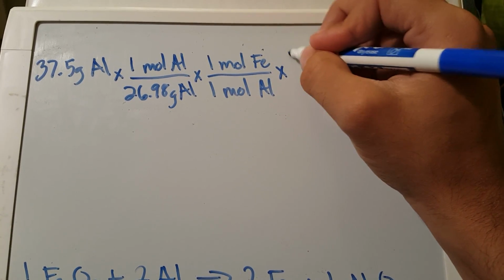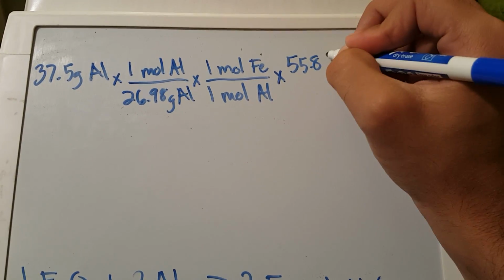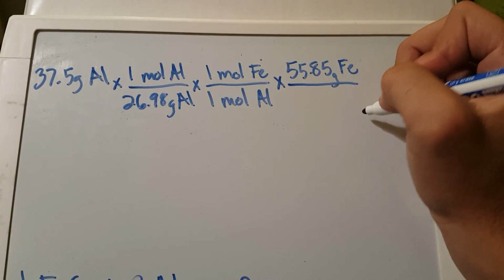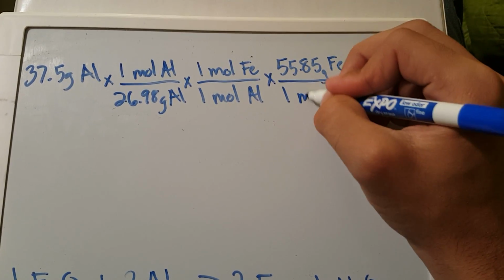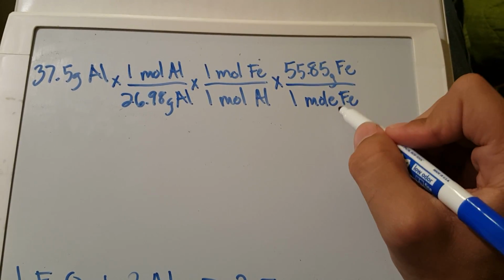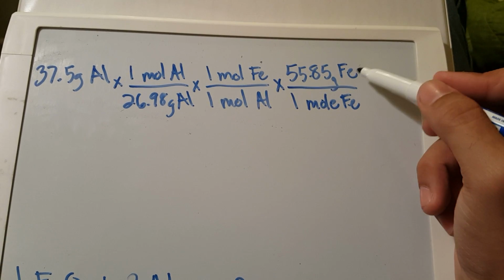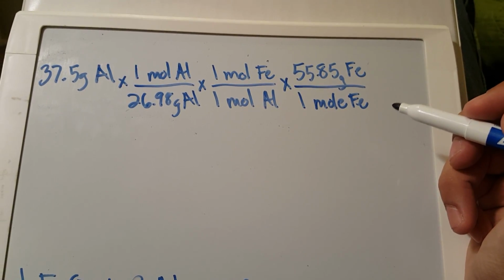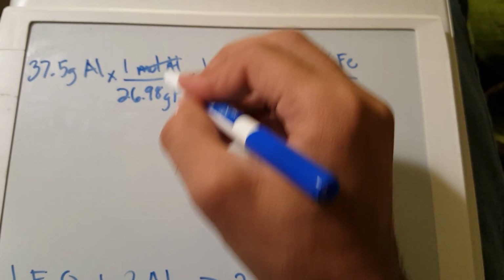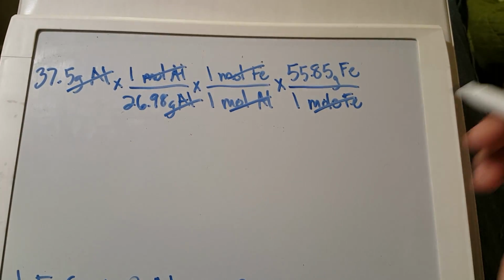And then we're going to times that by 55.85 grams of Fe all over 1 mole of Fe, since we also want to cancel out the moles and just leave it with grams of iron. And since we're doing that, cross out, got all that.